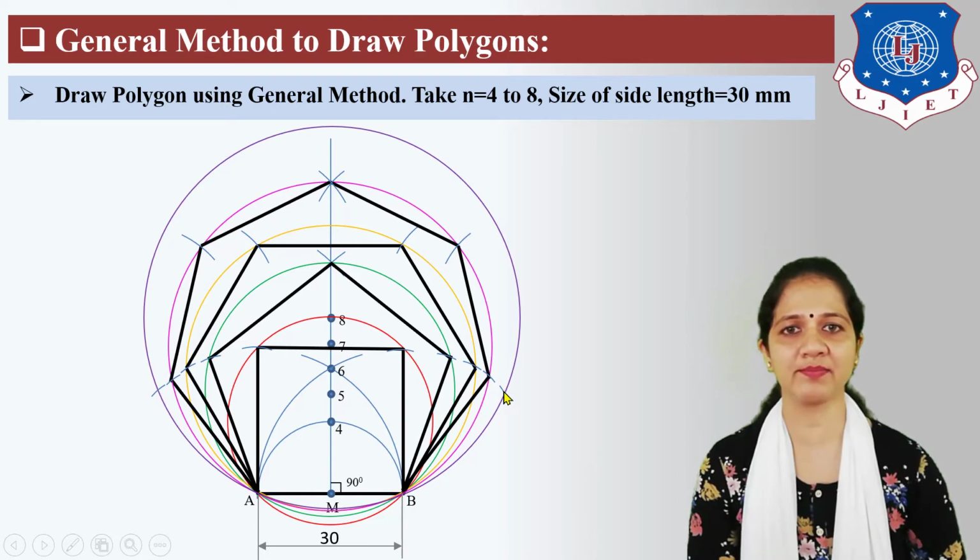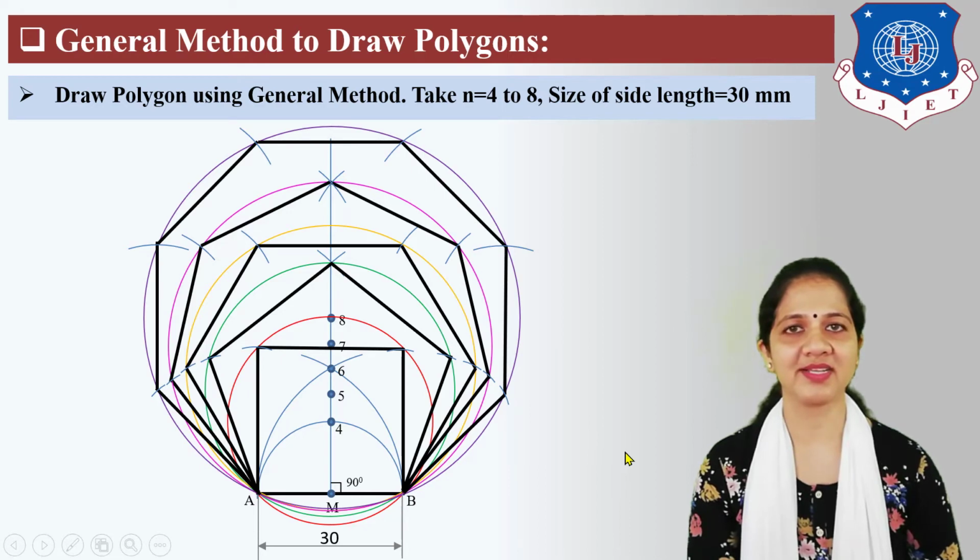From these two cut intersecting points, cut another 2 arcs on the octagon circle. Again cut another 2 arcs from these 2 points. Join all these points in proper sequence and complete the octagon.